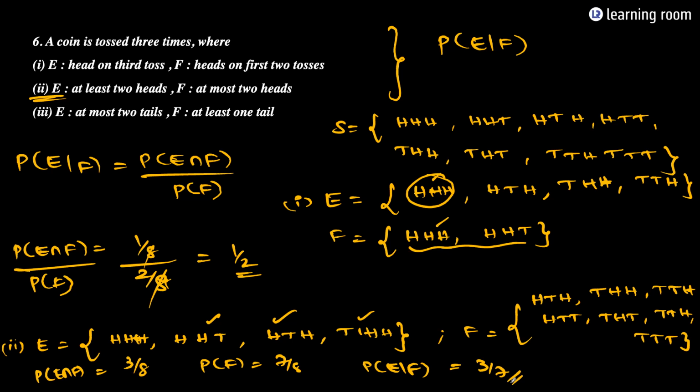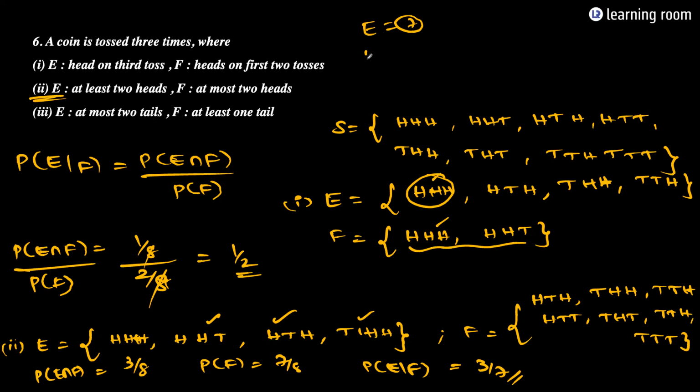Anna, how did you write? So what is E? Can I give the set? E, except tail, everything will come, sir. So it will be 7/8? E has 7 elements.